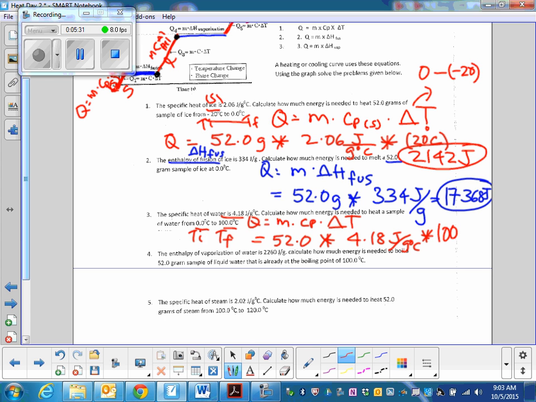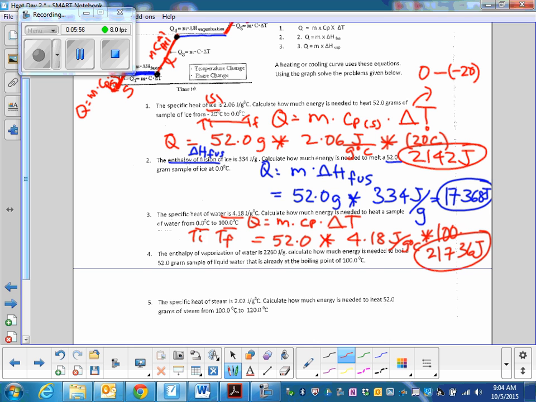So I have 100 degrees Celsius as my change in temperature, and now I calculate 52 times 4.18 times 100, which equals 21736 joules. Everybody good?